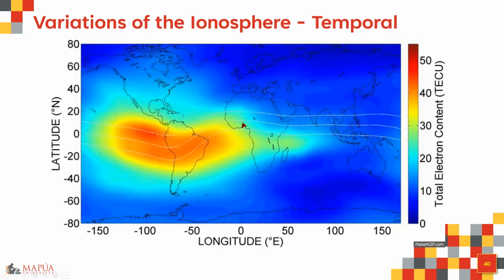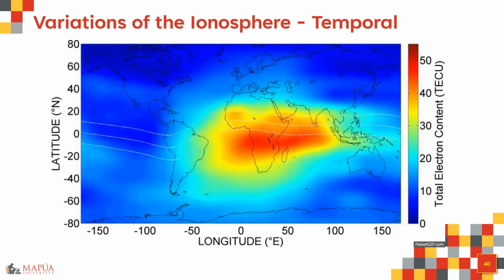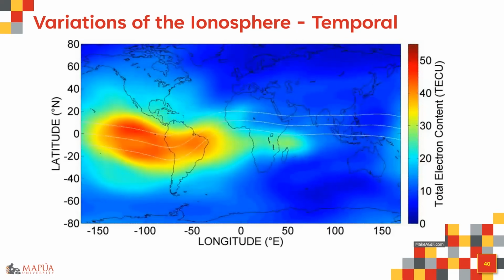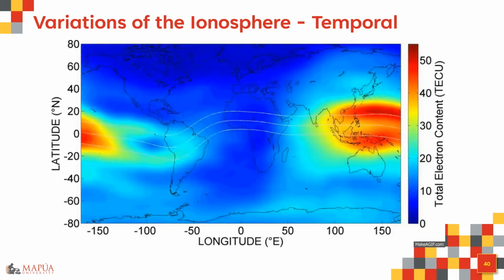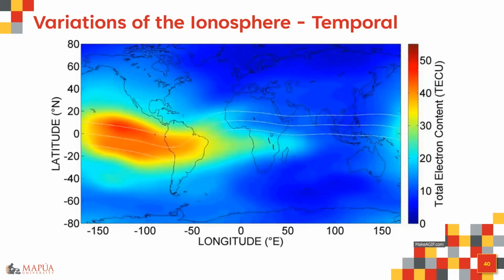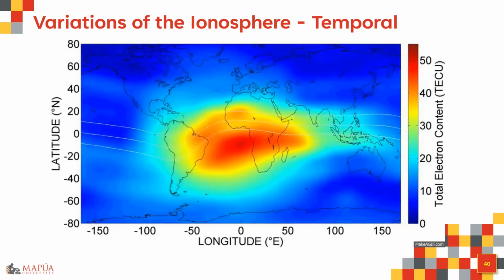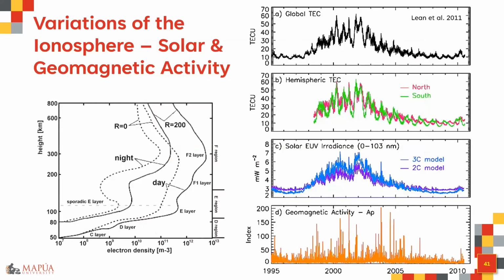Okay, so that's your variations in the ionosphere, both temporal and geographical or spatial. As I mentioned last time, other variations of the ionosphere can be determined. The ionosphere global total electron content varies with solar activity as well as with geomagnetic activity.